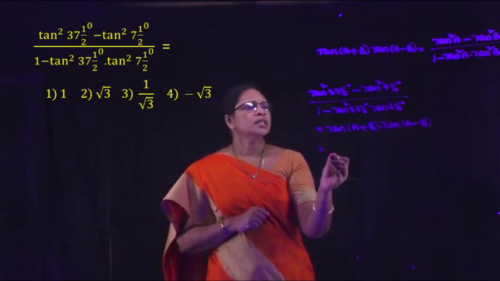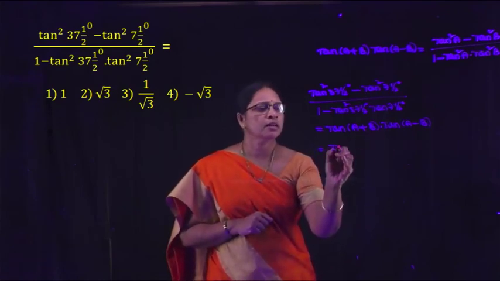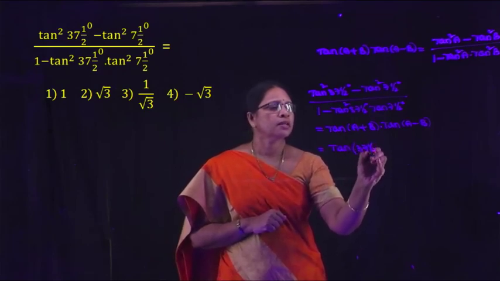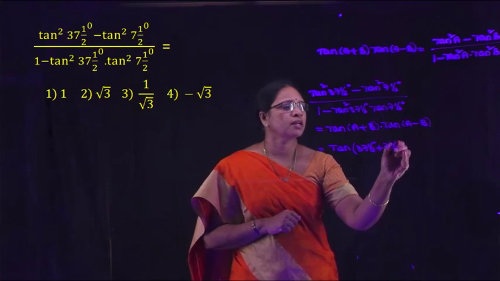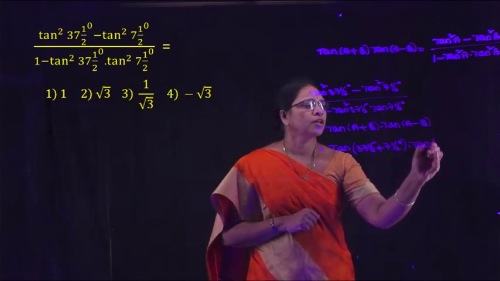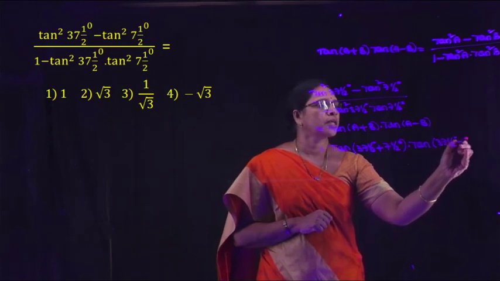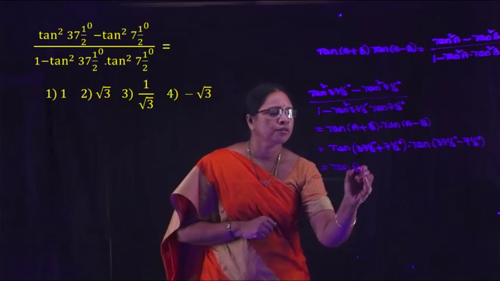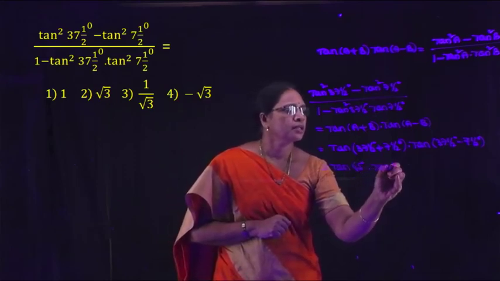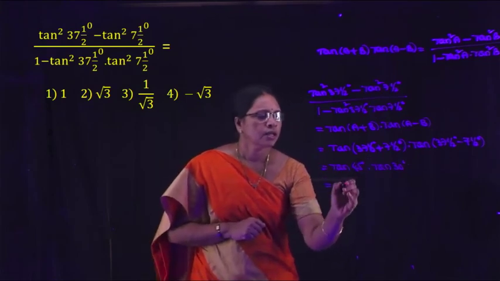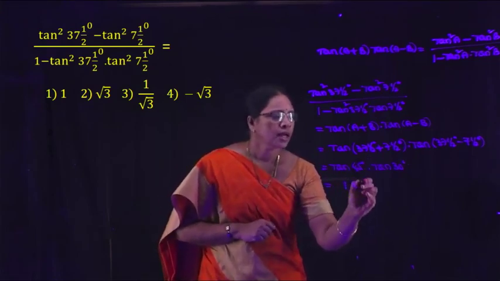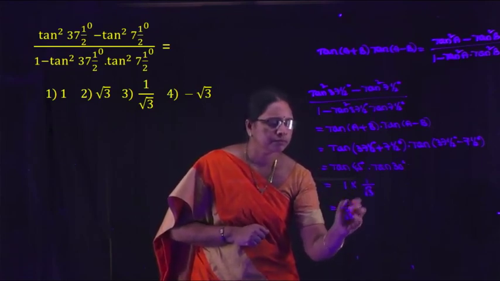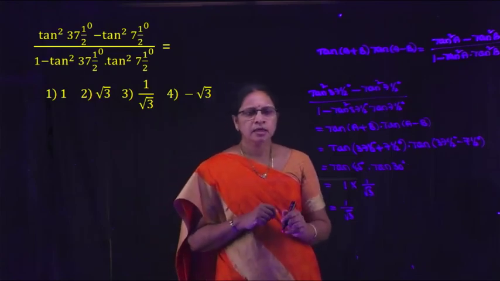Here A is 37.5 and B is 7.5 degree. Then tan (37.5 plus 7.5) into tan (37.5 minus 7.5) is equal to tan 45 degree into tan 30 degree. That is equal to tan 45 is 1 into tan 30 is 1 by root 3, which is equal to 1 by root 3. Here the answer is 1 by root 3. Third option is the correct answer.